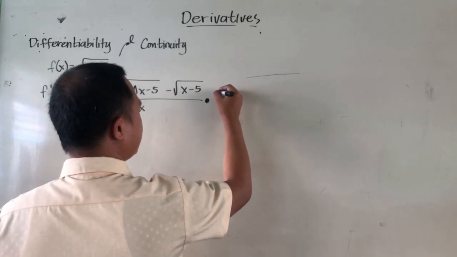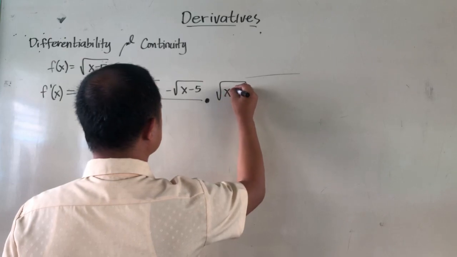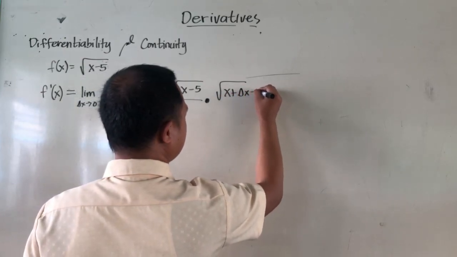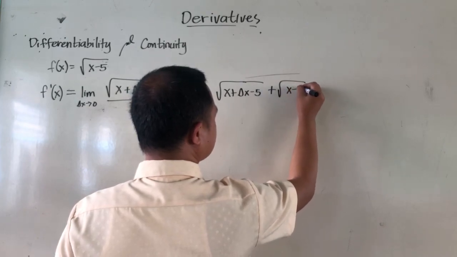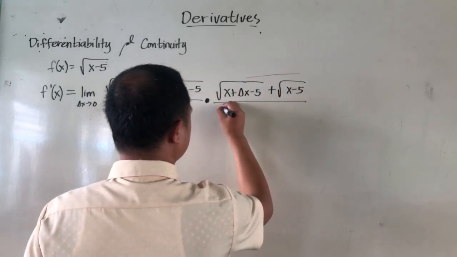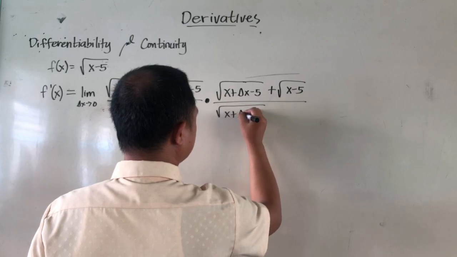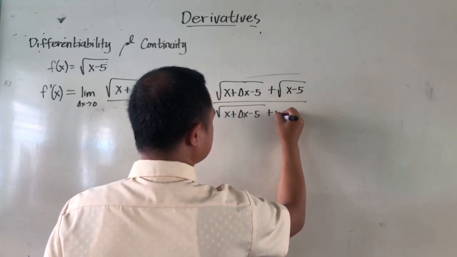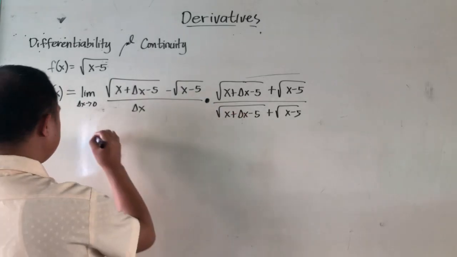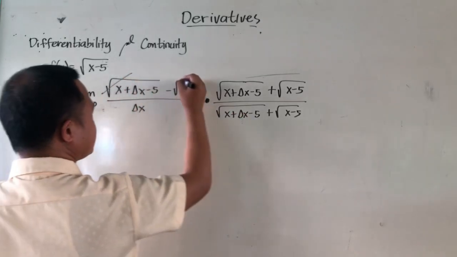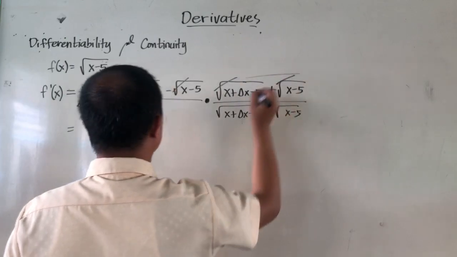So we have the square root of x plus delta x minus 5 plus the square root of x minus 5 over the square root of x plus delta x minus 5 plus the square root of x minus 5. Simplifying this, we'll have to cancel it out. Cancel na po natin siya.